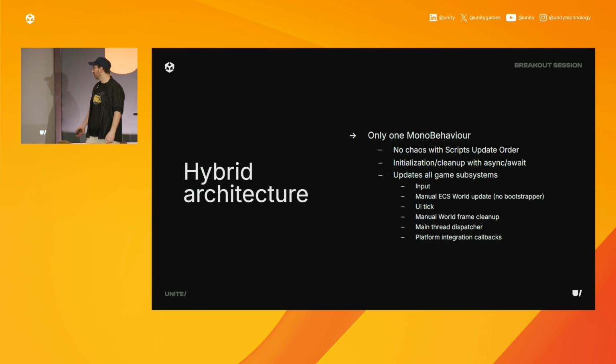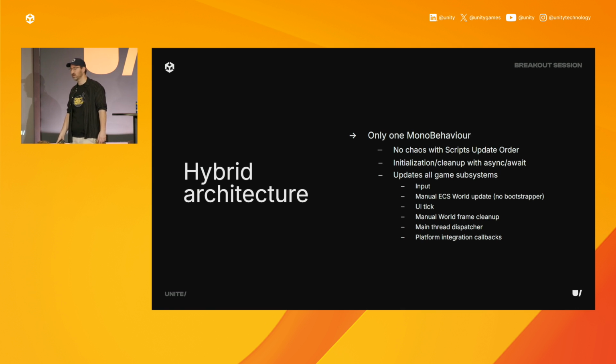The update loop is pretty standard, but I will still go through it because it's important for the second point. We dispatch the input messages first, and we do a manual world update for the ECS world. That's why it's interesting. Unity provides a bootstrapper, I think it's still called that these days, and the bootstrapper pretty much does this whole update for you. You just register a system and organize things.